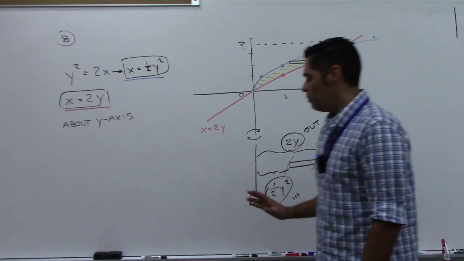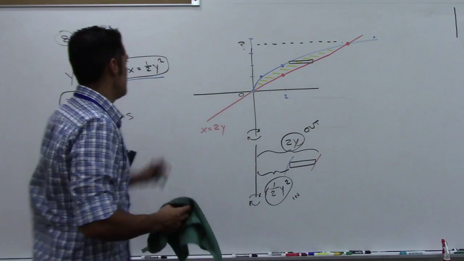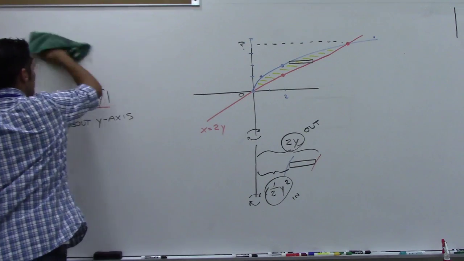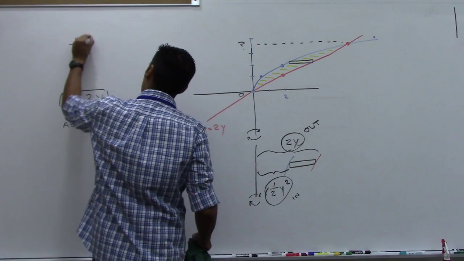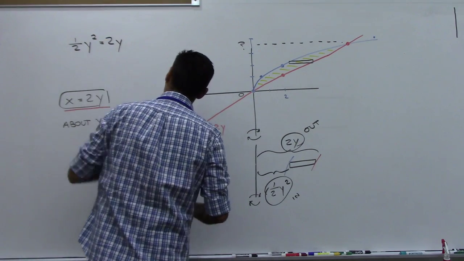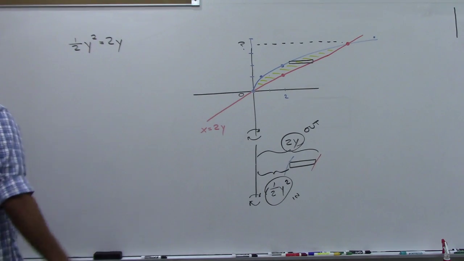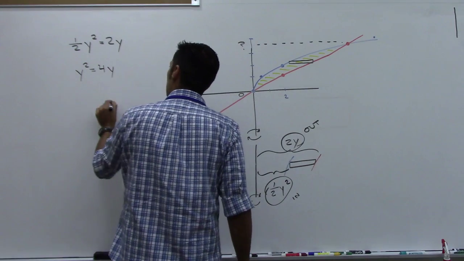So I'm almost ready to set up the integral, except for the fact I need to figure out what this limit is. So I have to set these two equal to each other. I'm going to set 1/2 y squared equal to 2y. When I do that, I'm going to multiply both sides by 2. y squared is 4y.